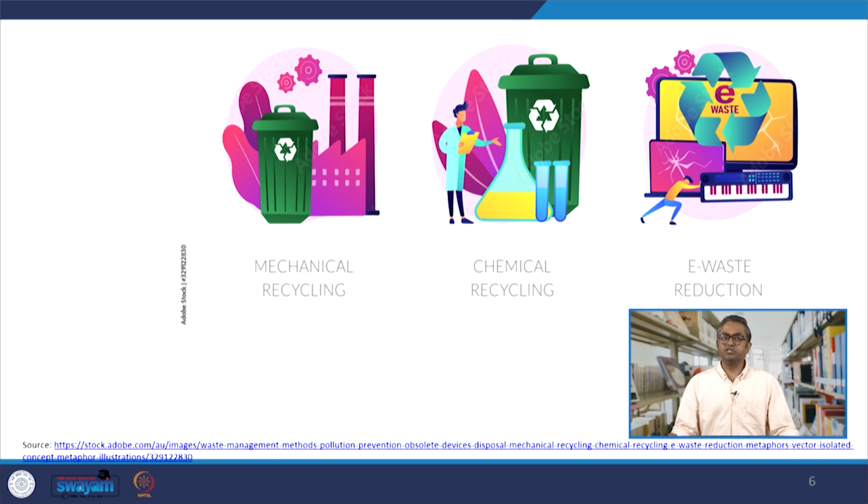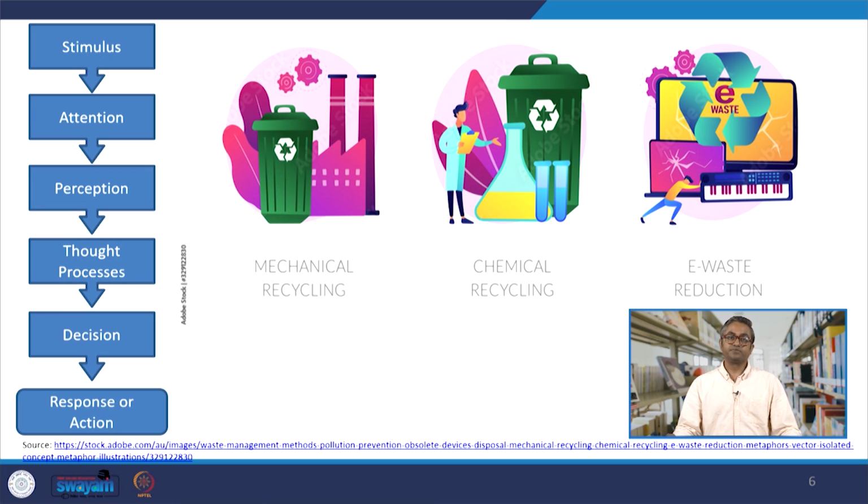Like, as you can see on your screen, mechanical waste, chemical waste, and e-waste are different. How do people identify these different wastes? How do people make such distinctions? And once these distinctions are made, then what decision has to be taken? There are several stages involved in this simple process.